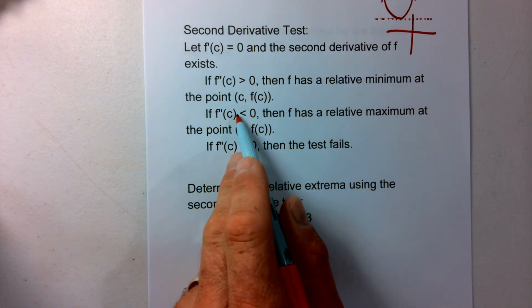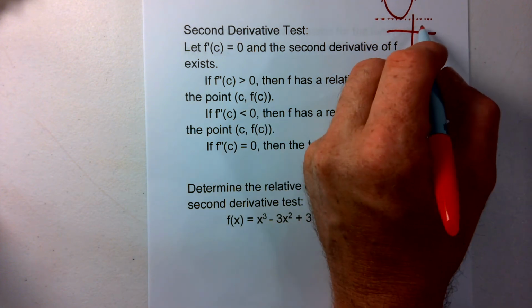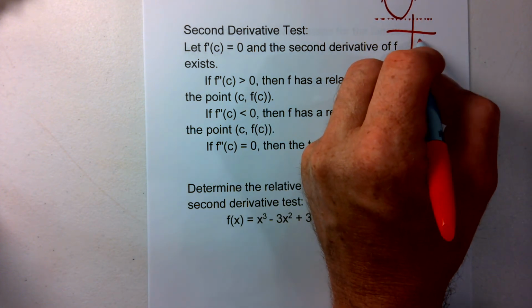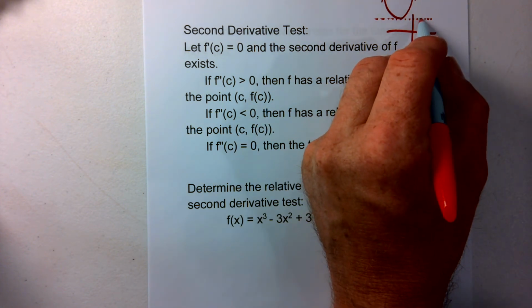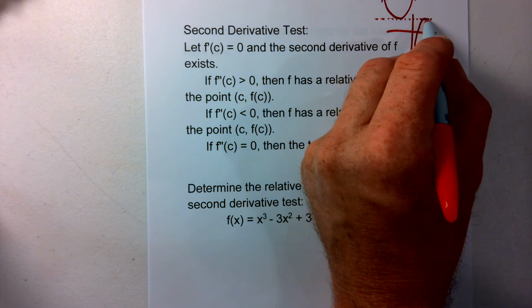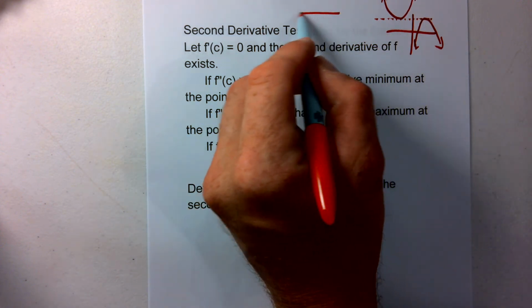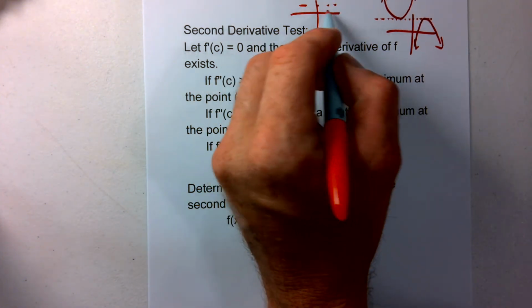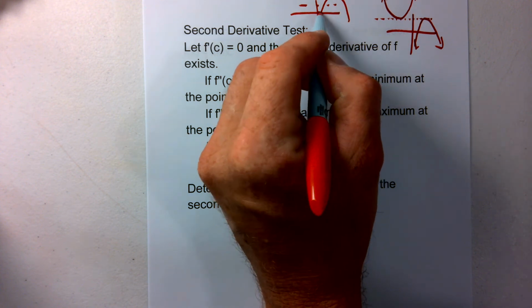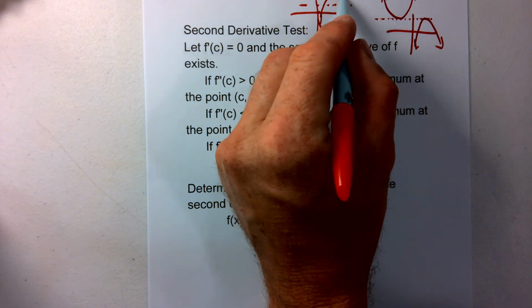If f double prime is less than 0, if it's negative, that tells us it's concave down. So if we were concave down, the only way we could have this as a point of horizontal tangency would be like this. We couldn't have that line there and then be up here like this. That doesn't make sense because our horizontal tangent line would be way up here.